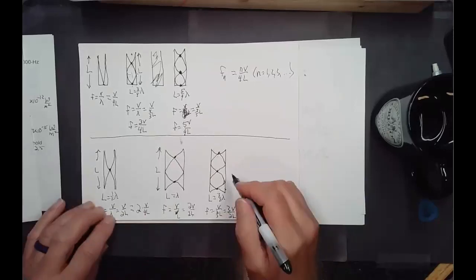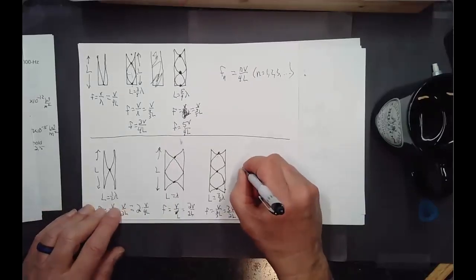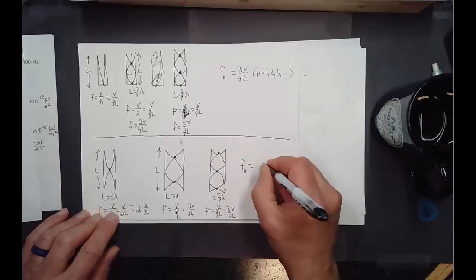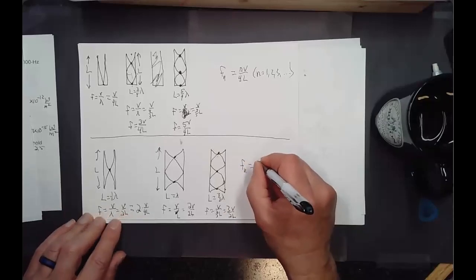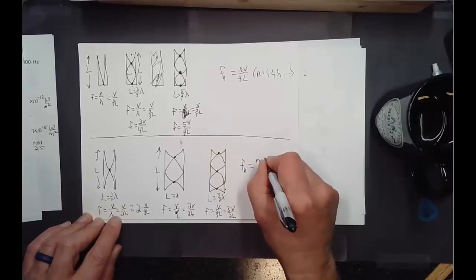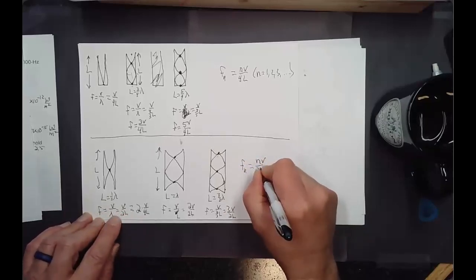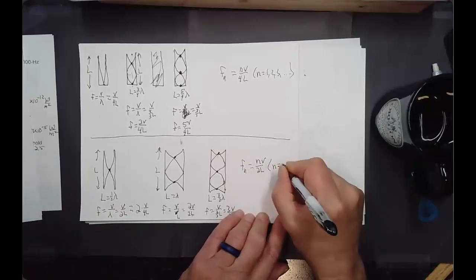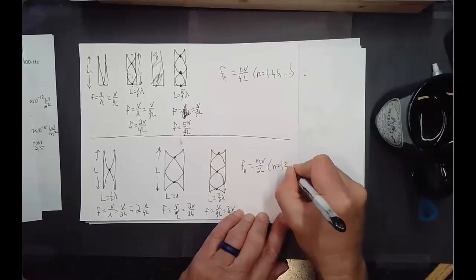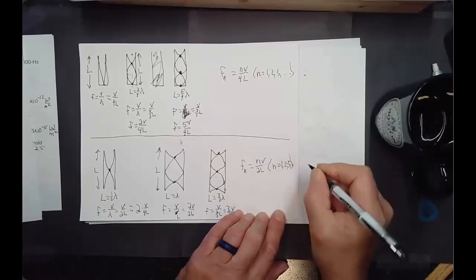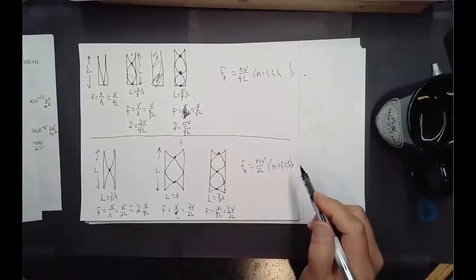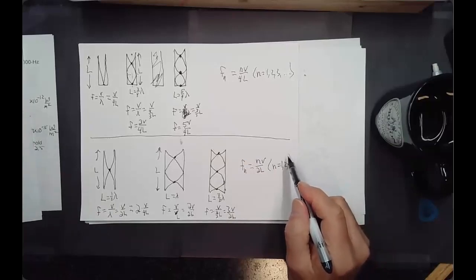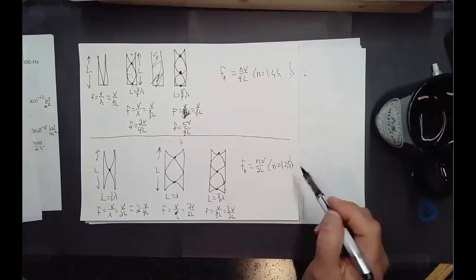So for a pipe that's open at both ends, the frequencies you get are going to be NV over 2L, but, well, N again is 1, 2, 3, ... But did I copy that down right? Yeah, that's right.